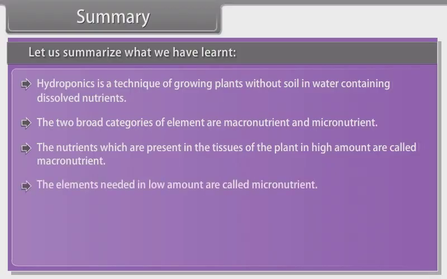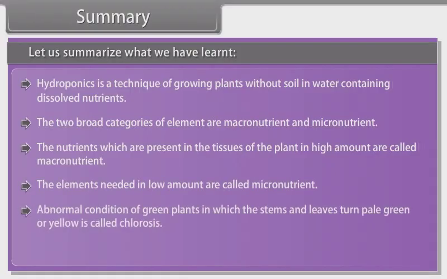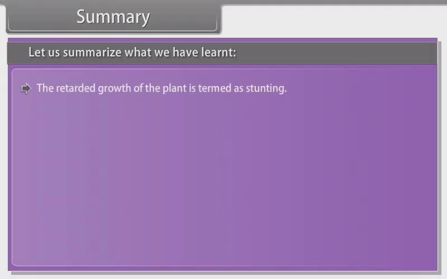The elements needed in low amount are called micronutrients. Abnormal condition of green plants in which the stems and leaves turn pale green or yellow is called chlorosis. The localized death of tissue of leaves is called necrosis. The retarded growth of the plant is termed as stunting.